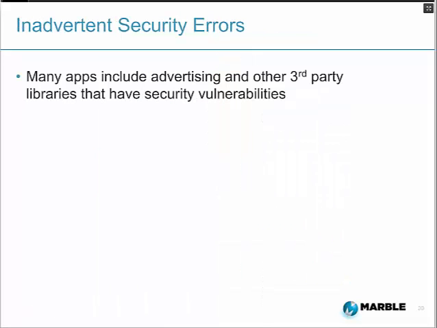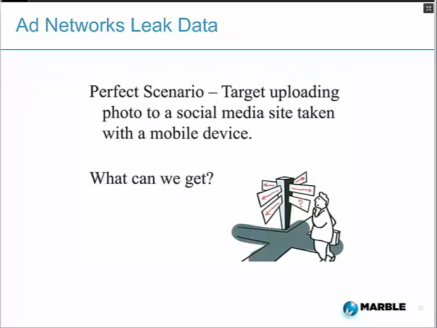Now, not everything is malicious. There are apps that just have poor security, and you need to scan for that as well. We talked about apps including third-party libraries that have security vulnerabilities. Well, just to give you an example, that's how the NSA spies on apps.